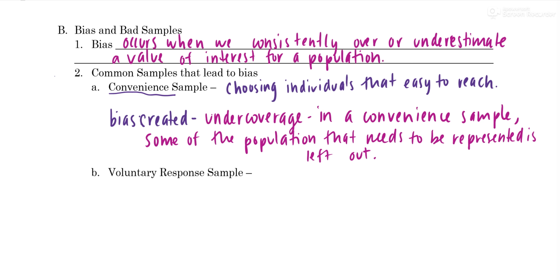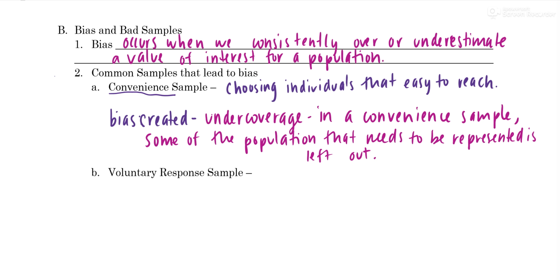So convenience sample, I just find people or things that are easy to reach. I take my sample, I get a result, and that result will almost certainly be biased because it's not truly representative of the population that I'm trying to find information about.